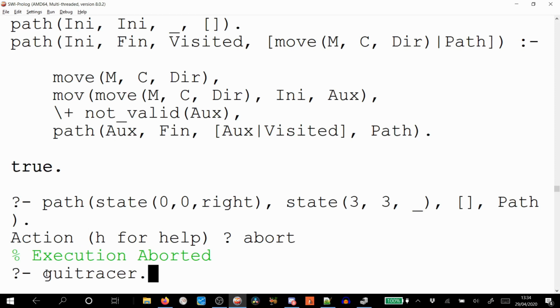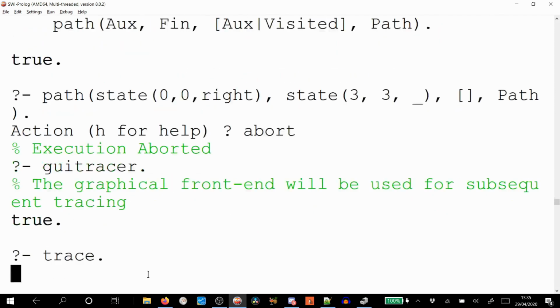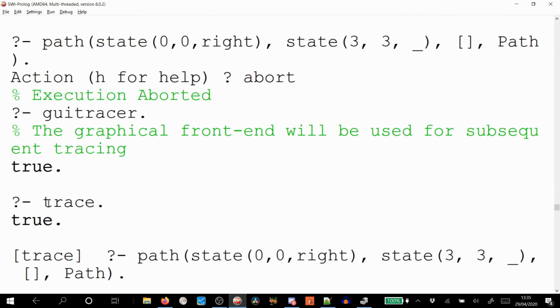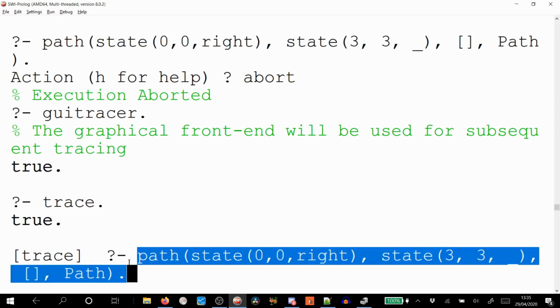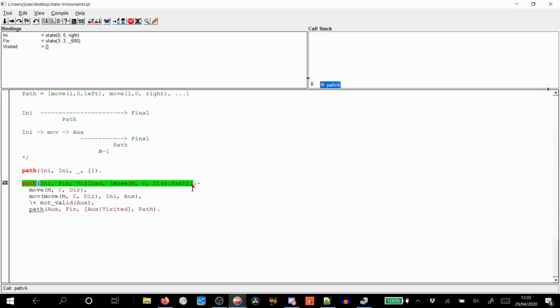If we want to use this graphic debugger, we can use this predicate, trace, and now the next predicate executed will be executed step by step. Let's see what happened, and try to see what the error is here.